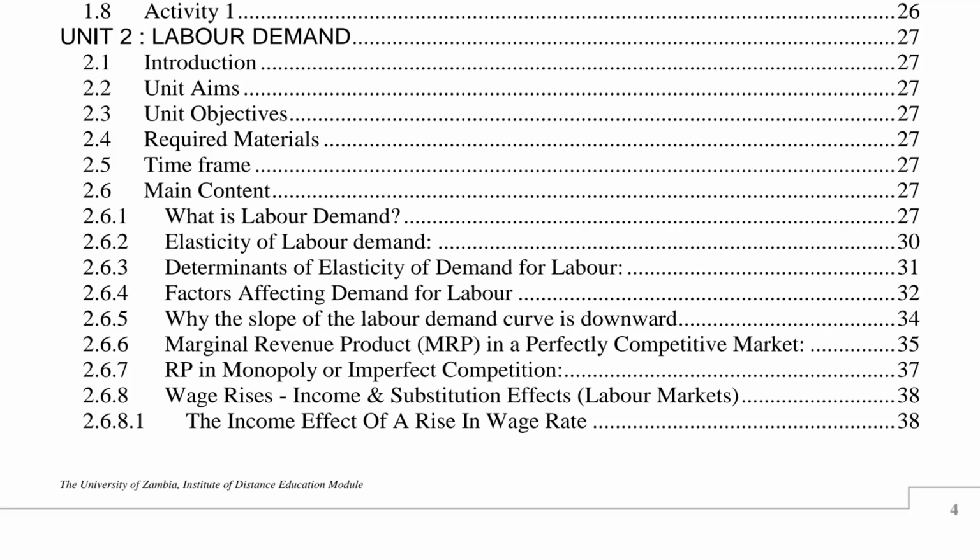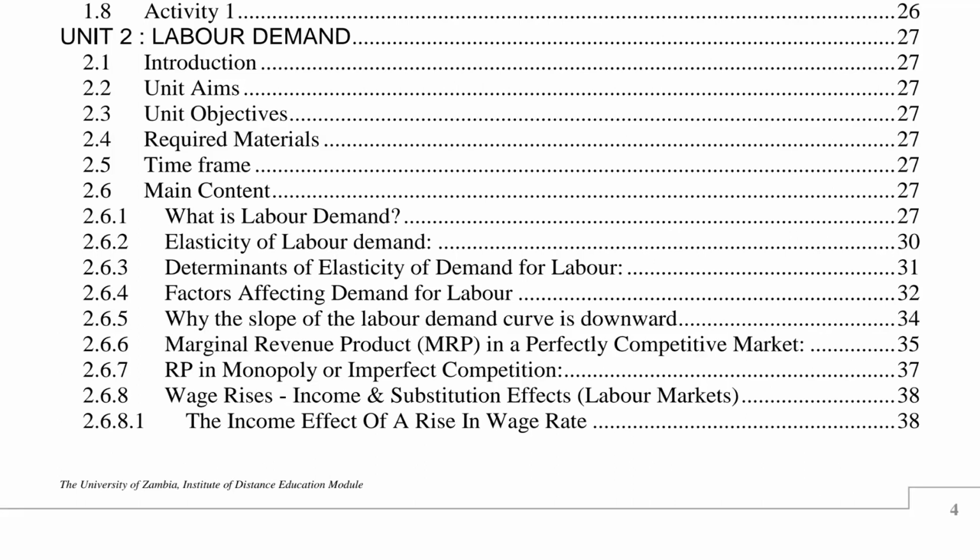You and I may be aware that the demand for labor changes, and it is influenced by some factors. So we'll have time to look at the factors affecting demand for labor. It would also interest you to learn that the labor demand curve is downward sloping.